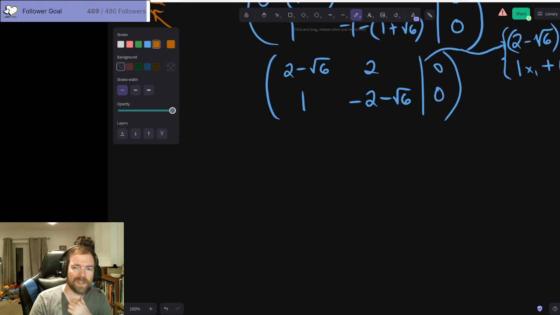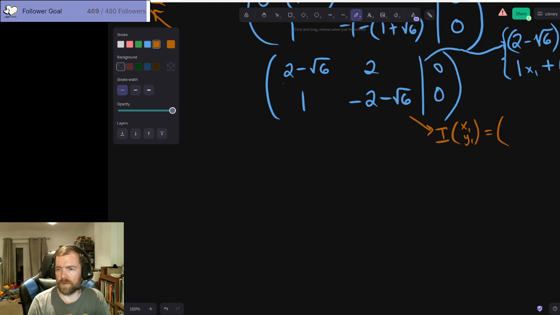What we would like to do is end up with the identity matrix times x1, y1 equal to whatever numbers these are going to be here.